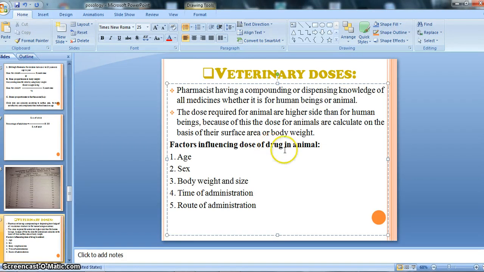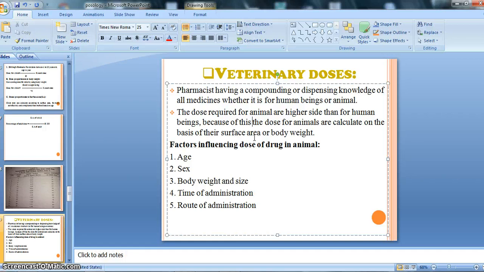We know animals are bigger than human beings, with height, weight and surface area also. That's why animals require a higher dose for treating their diseases.